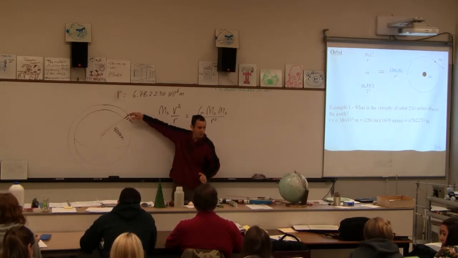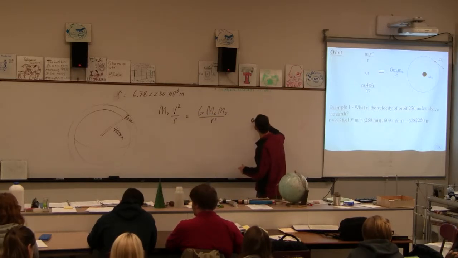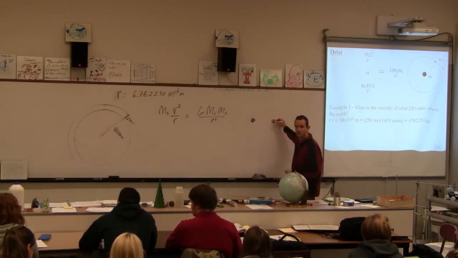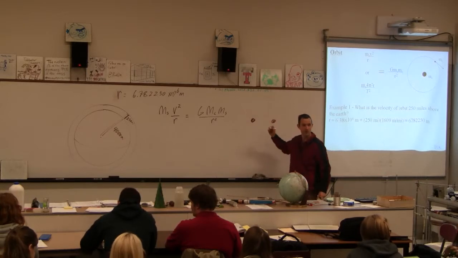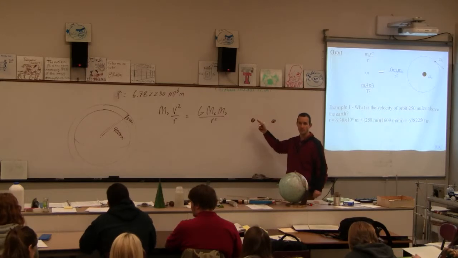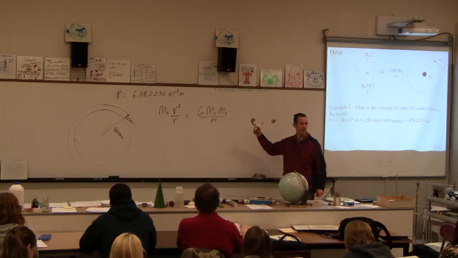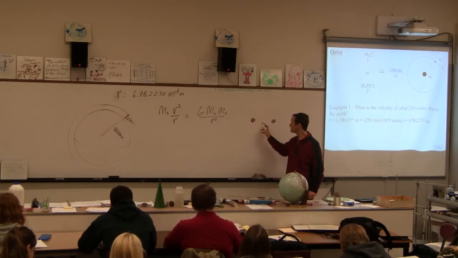If you had a binary star system with the same masses, about which point would they orbit? They'd actually orbit around their center, and so the center to center distance would actually be twice the radius of the circle, wouldn't it? So this is a failure of our assumption here.